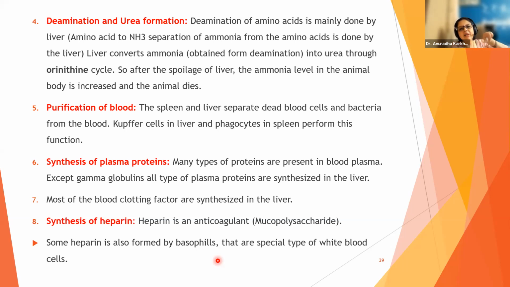Ammonia will get converted into urea. How is pyruvic acid formed? By glycolysis. In the same way, how is ammonia degraded into urea? By the ornithine cycle. It's a chemical which is going to be an intermediate. Fine.